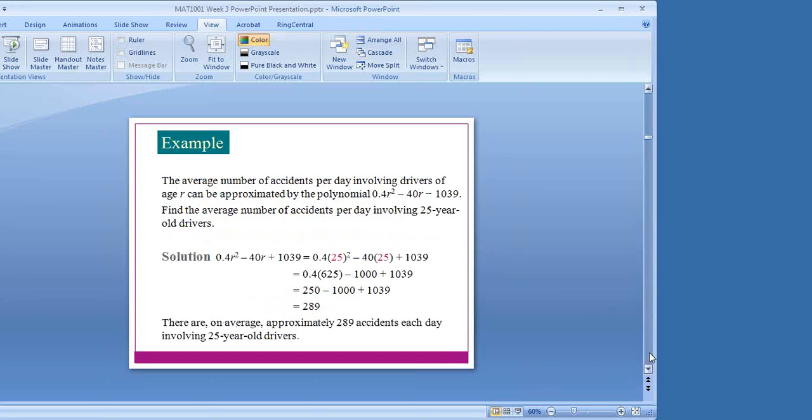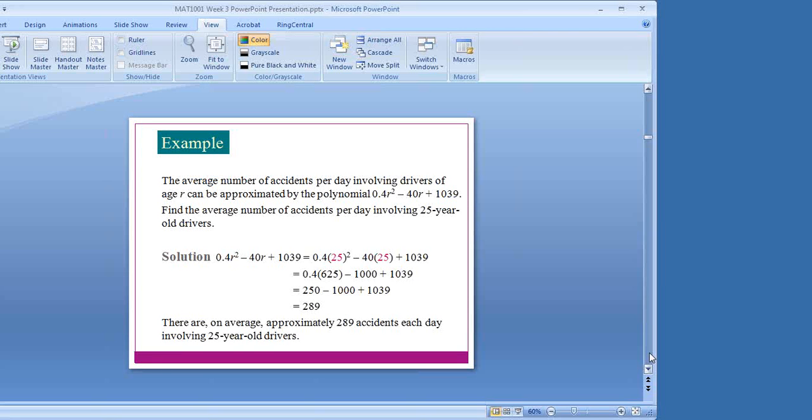I like this one too because I think insurance companies do use models for coming up with their rates. So if the average number of accidents per day involving drivers of age R, we don't know what the age is, that's what is variable, right? That's what will vary, can be approximated by that expression you see there. Find the average number of accidents per day involving 25-year-old drivers.